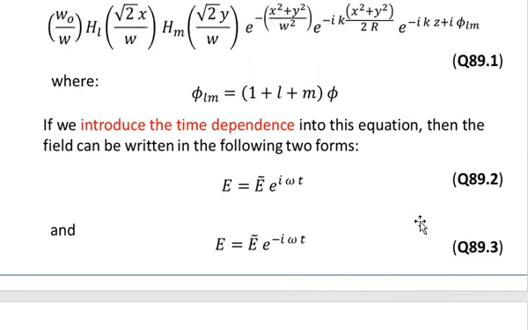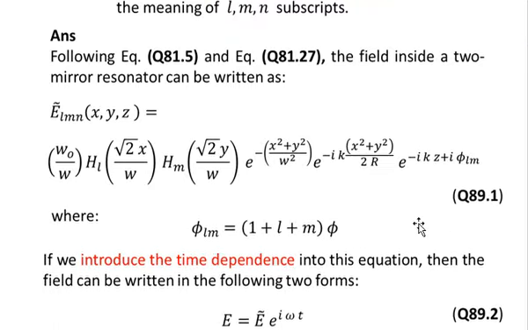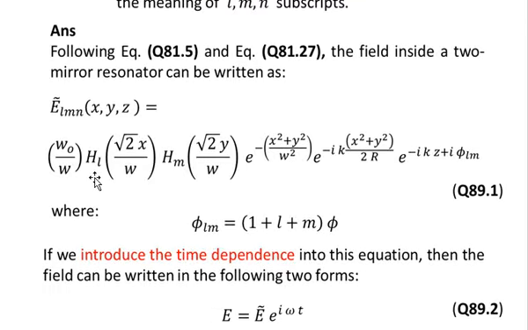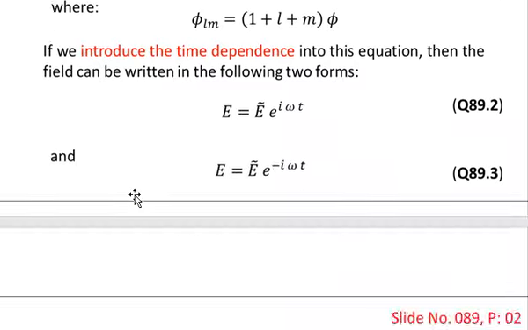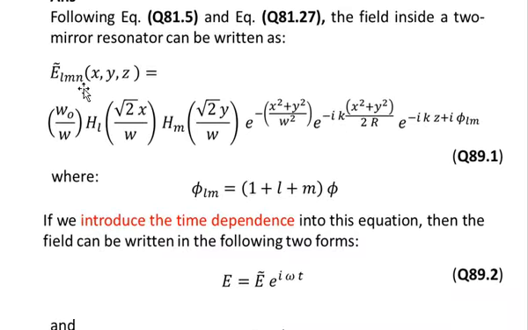So you can see that L and M appear with the Hermite polynomials as subscripts, with HL and with HM. So you see that these are the two which appear over here. Here we are not talking about the n subscript because we shall be coming to that one later on.